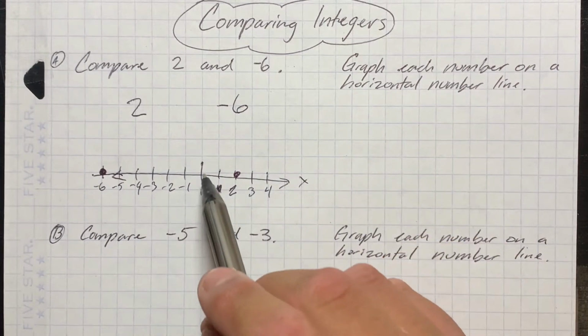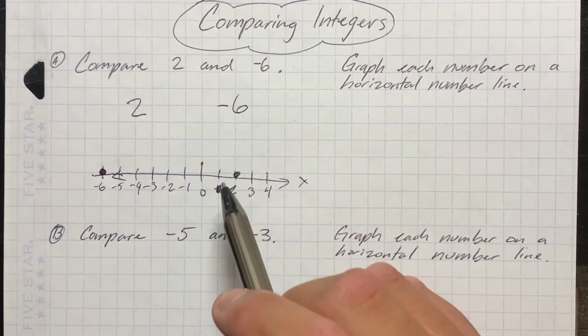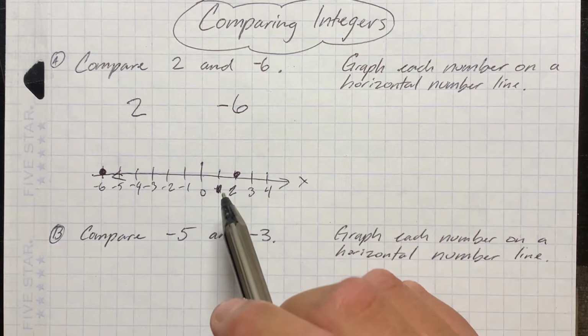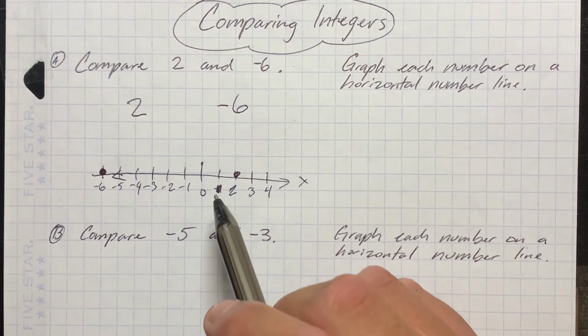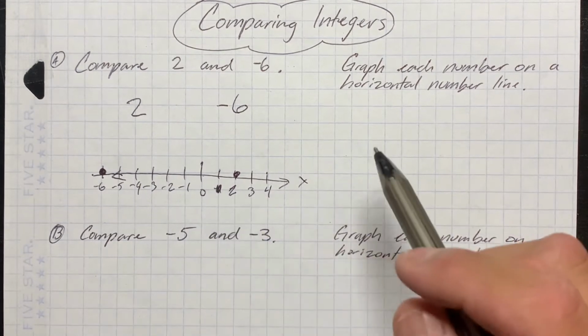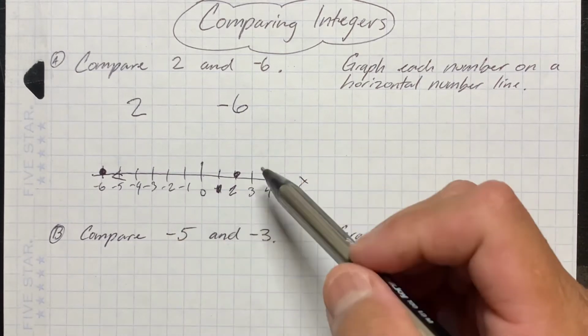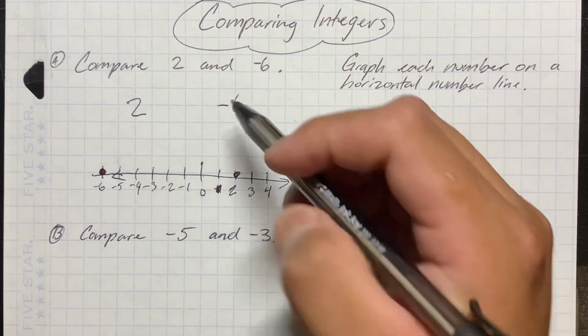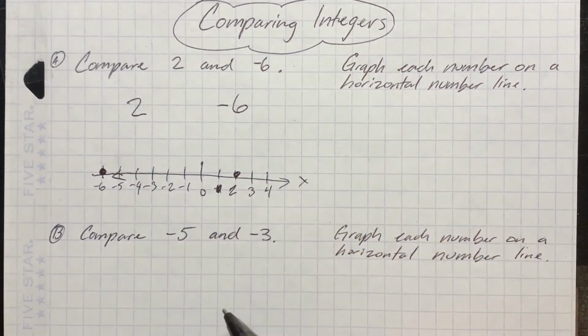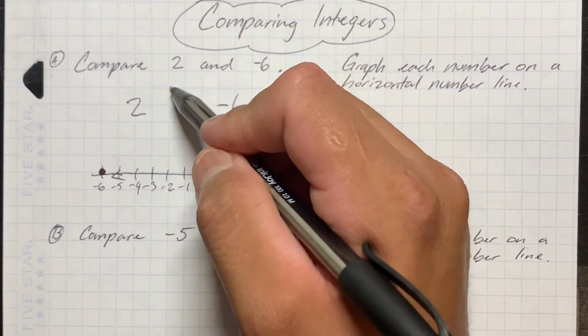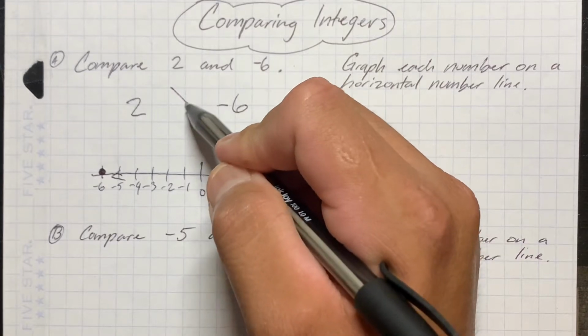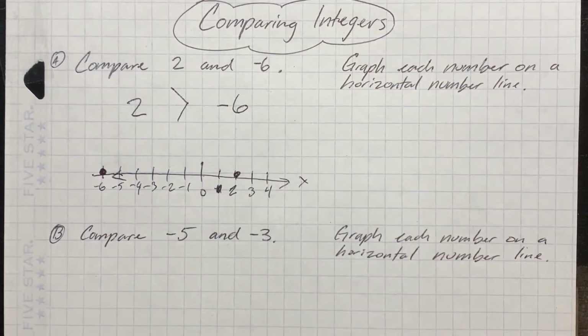Like I mentioned earlier, the integers on the right of the number line are greater than the numbers on the left. So that means that 2 is greater than -6. Imagine, as I mentioned in our earlier lessons, a coyote.